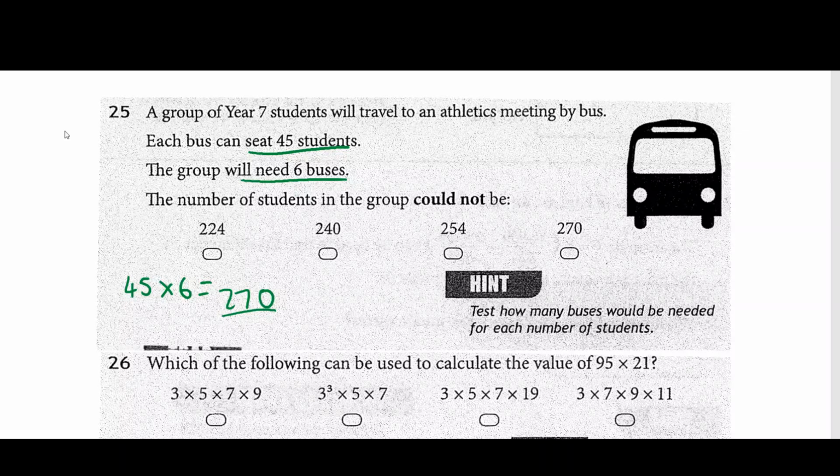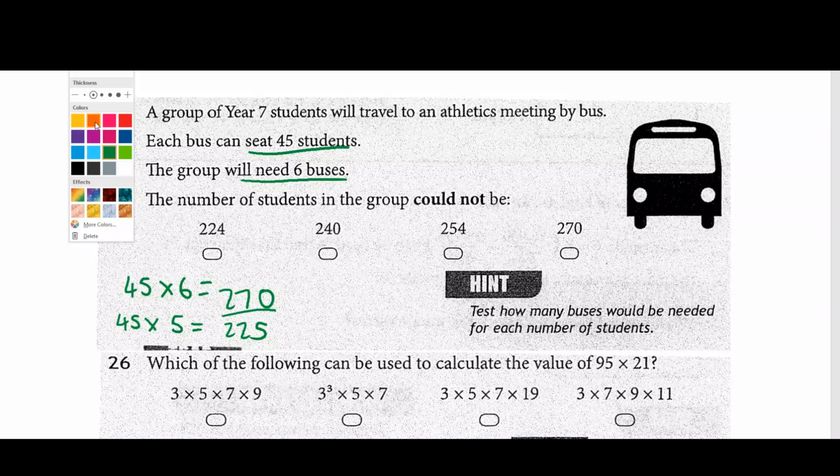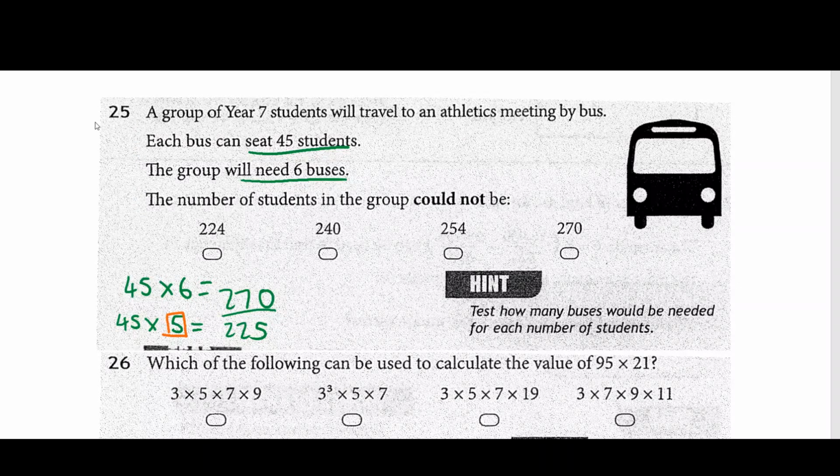if it could be 254. All right, so we've got 45 times, let's see how much, 5 buses. So 45 times 5 is 225. Okay. So for 5 buses you could allow 225 students.